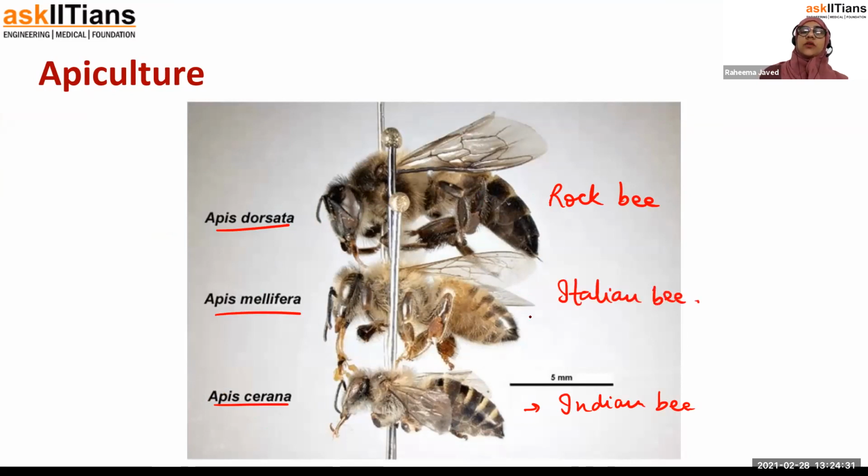Now, what is the use of the Italian bee when we have the Indian variety and the rock bee also? The thing is that these Italian bees first of all give a good production of honey. There is a large production of honey by keeping the Italian bees, because they keep inside the hives only.